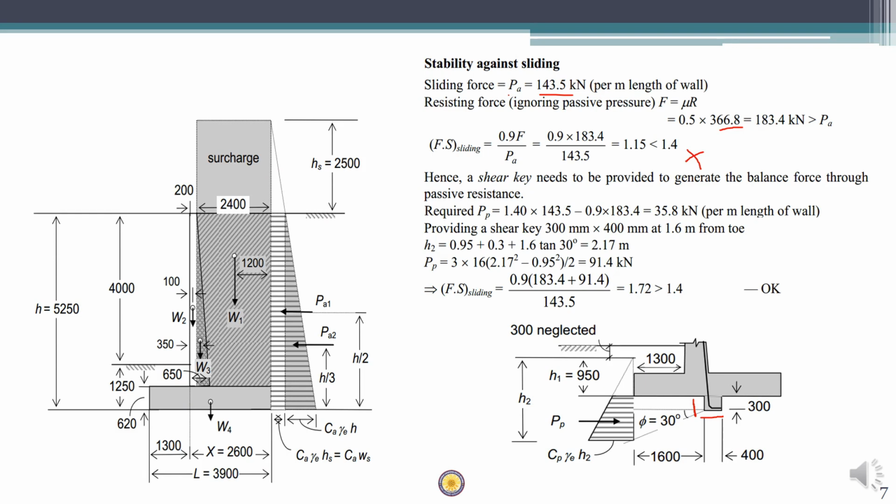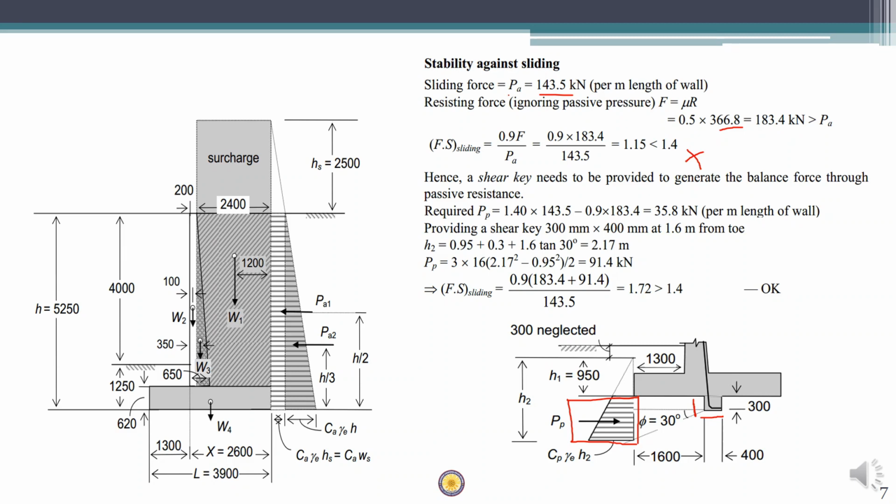What the shear key does is it mobilizes a block of soil at an angle of 5 degrees from the corner of the shear key, and this soil will exert a passive pressure on the wall which is moving towards it.